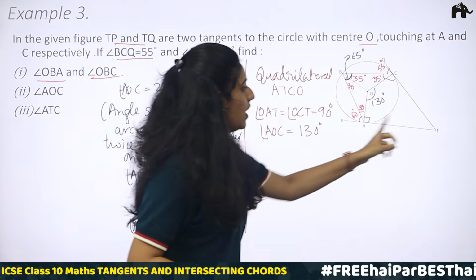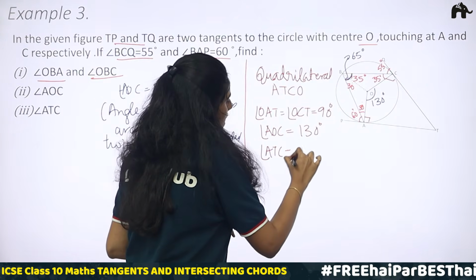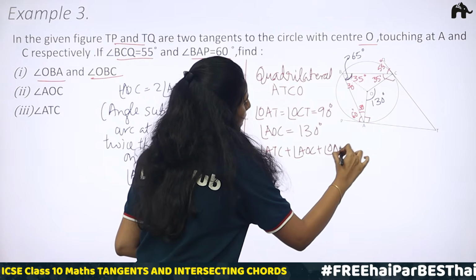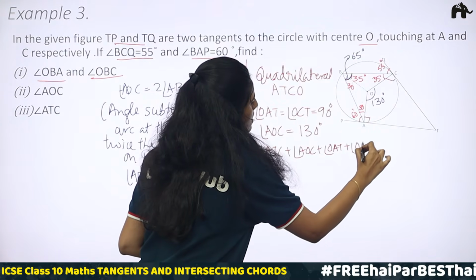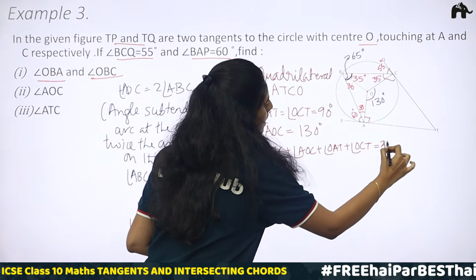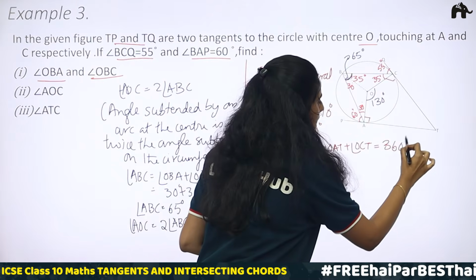So angle ATC plus angle AOC plus OAT plus OCT is equal to 360 degrees.